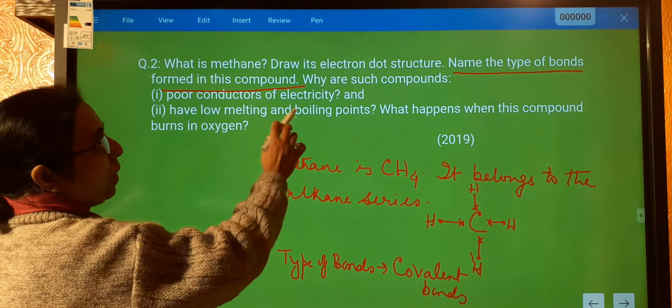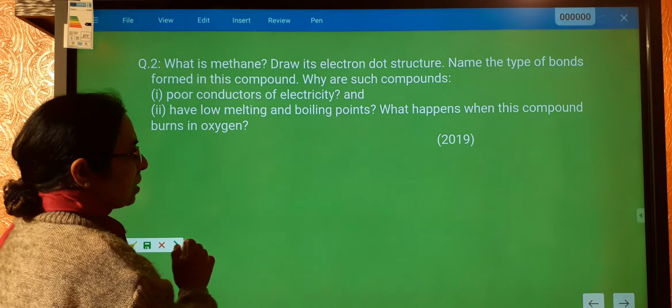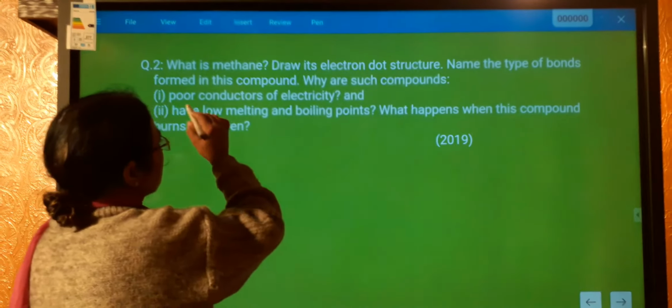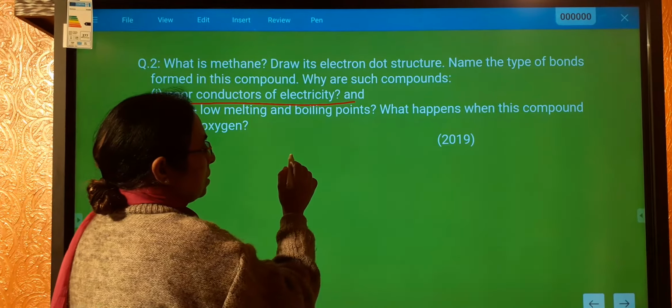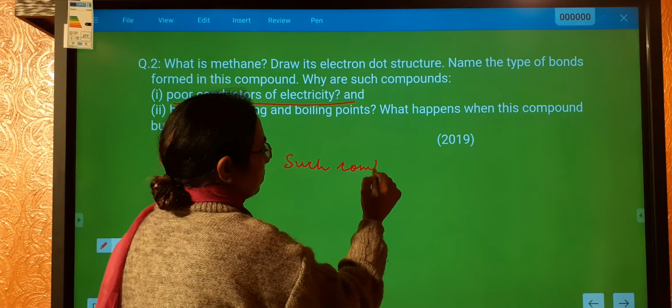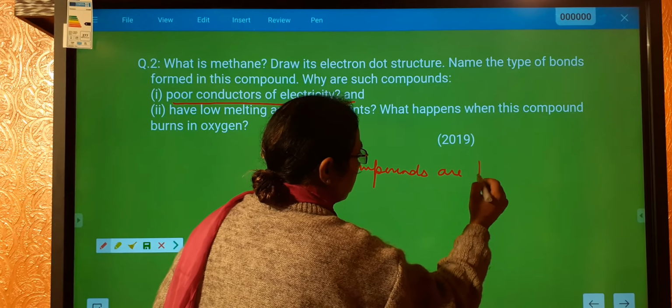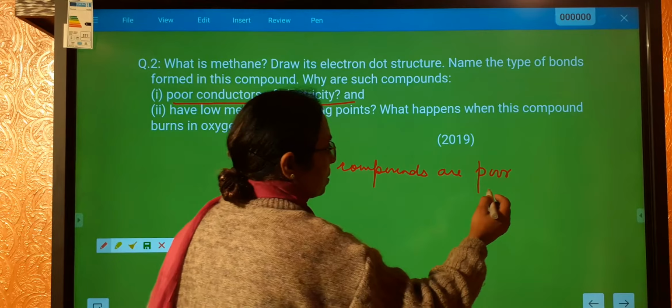So why are such compounds poor conductors of electricity? Such compounds are poor conductors of electricity.